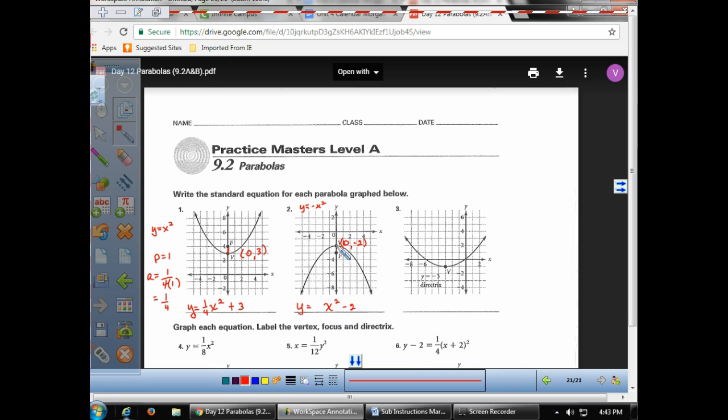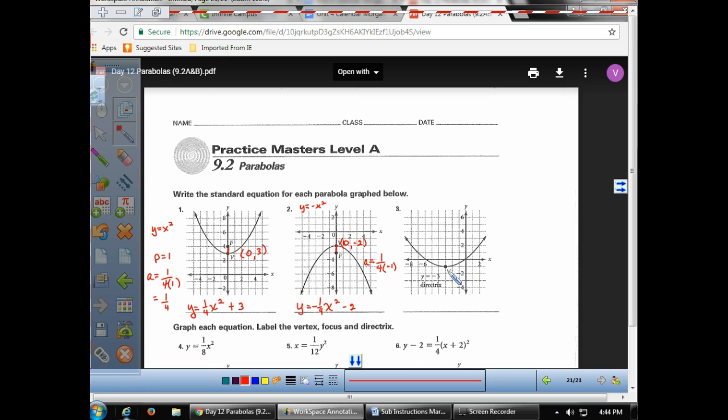And I need my length of P, or my distance for P, and it looks like it's going to be just 1 unit. So again, A is equal to 1 over 4P. And P is actually, if you want to think of it like a -1 because you're going down, it's going to be a -1/4. So that's how that would look.